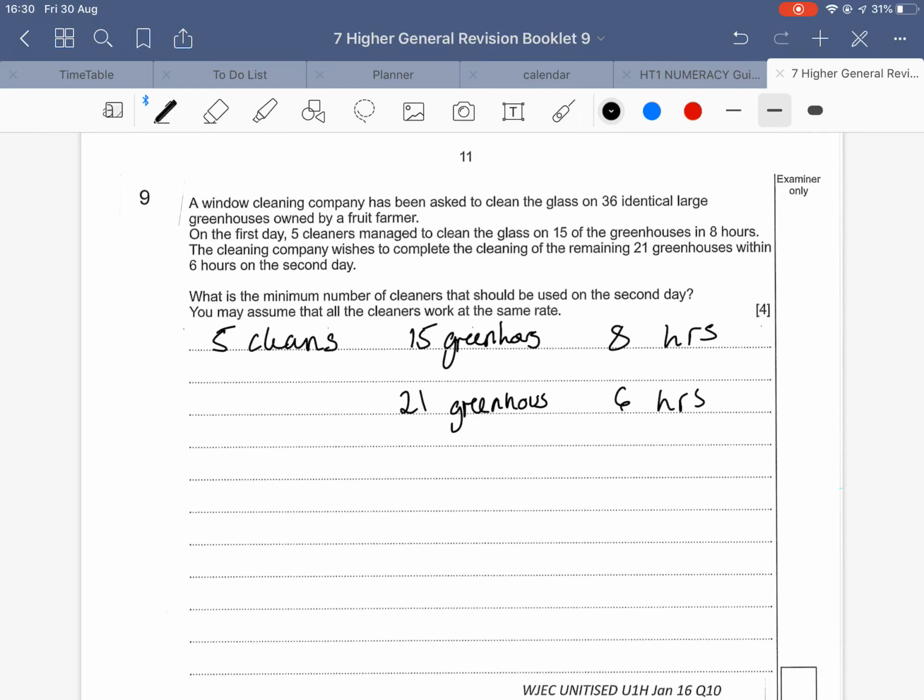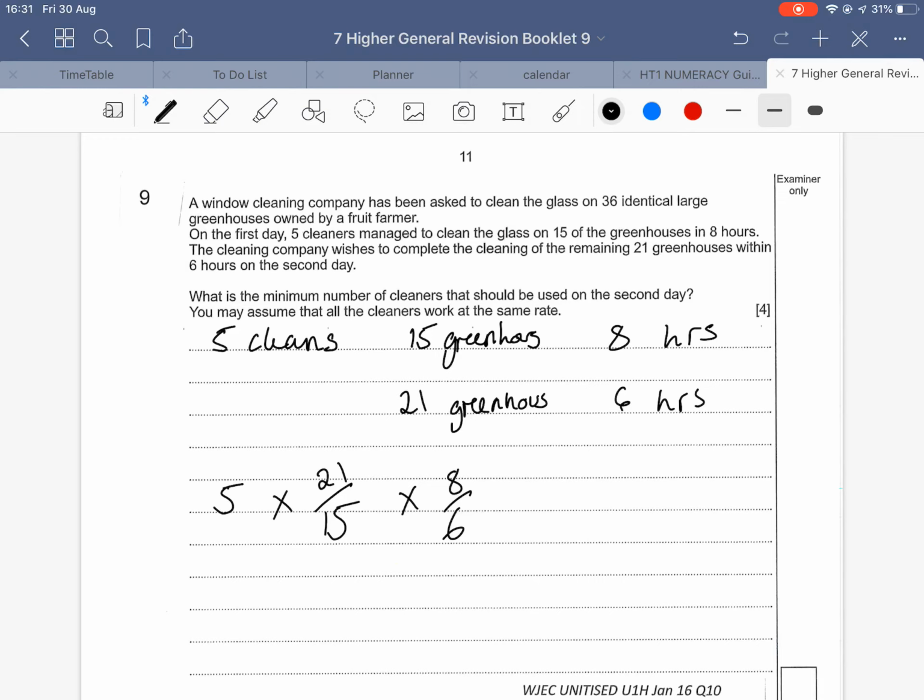I've done this in a previous video. So we've got our 5, we're going to times it by the fraction of 21 over 15 and times it by a fraction of 8 over 6. A simpler way would be, you could do 5 cleaners, 15 greenhouses. So divide those to get how many cleaners it would take for 1 greenhouse, then you want to times that by the 8 hours.